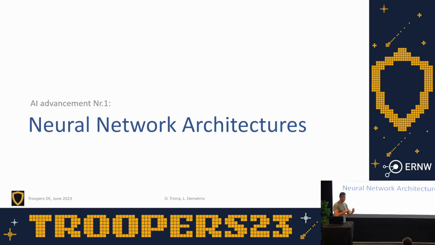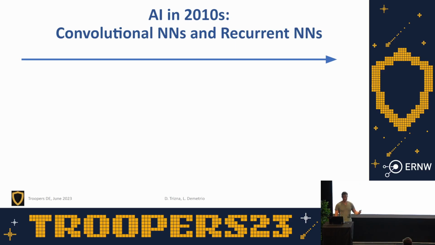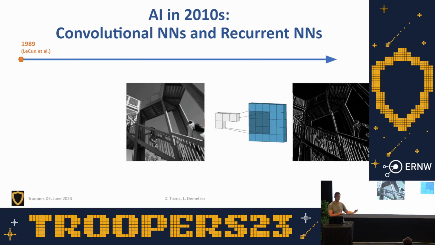So the first advancement that led to the success of this stuff is the architectures. Back in the second decade of the 21st century, we had convolutional networks and recurrent neural networks. Those date back pretty long ago, actually. LeCun published convolution operations in 1999 on images, basically computer vision, where specific parameter sharing goes over the 2 dimensions and extracts some features, for example, vertical lines.